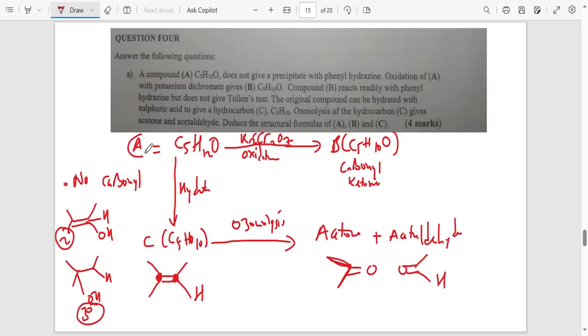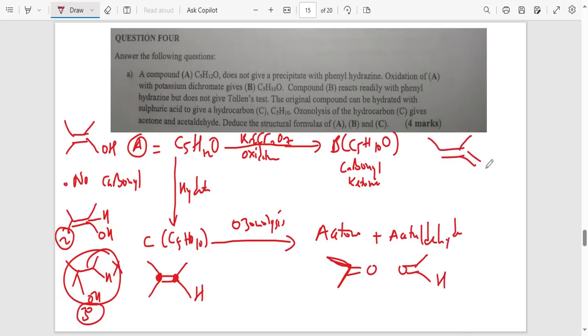Now we know that A was supposed to be oxidized. Tertiary alcohols do not undergo oxidation. So meaning that this is not a possible structure for A. So the structure for A is this one with an OH here. When we oxidize this compound, simply remove the hydrogen and then put a double bond there.